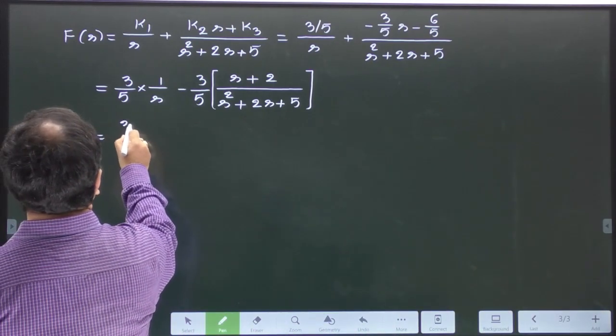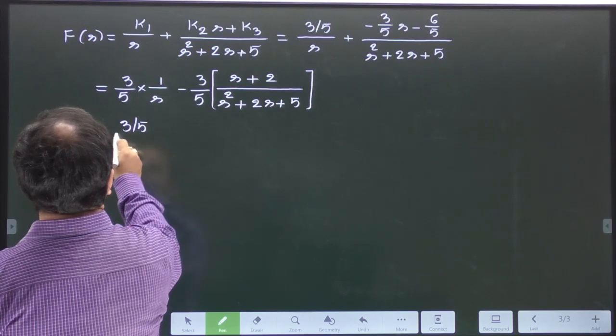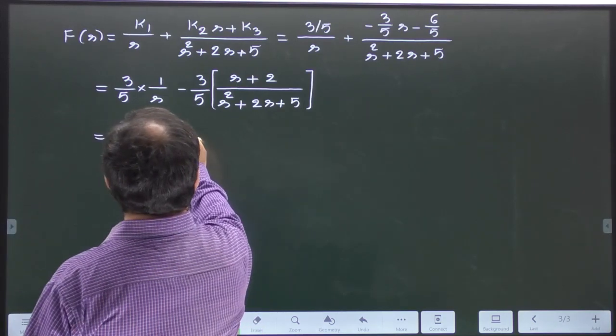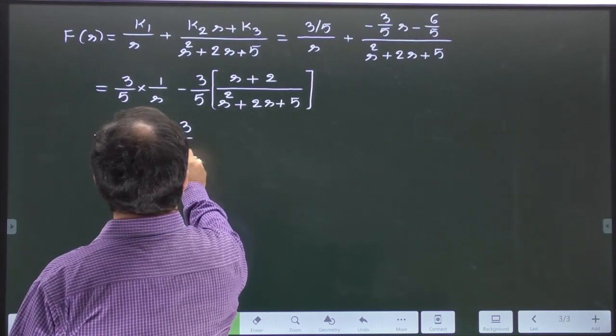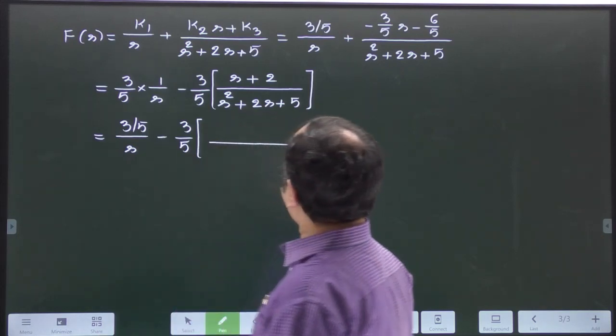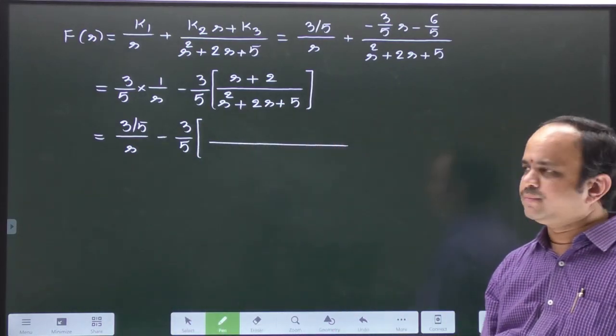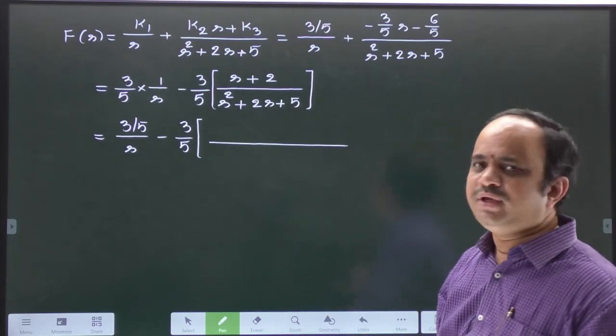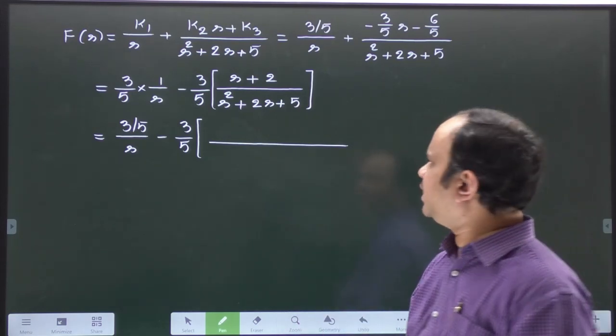Now let us further simplify this. 3 by 5s minus 3 by 5. Now follow carefully here. Denominator, I would like to write it in the form of a plus b whole square.